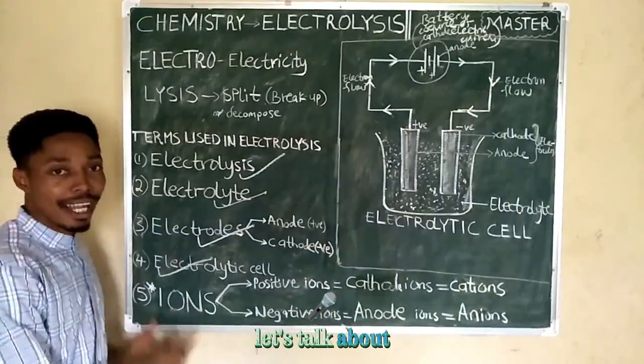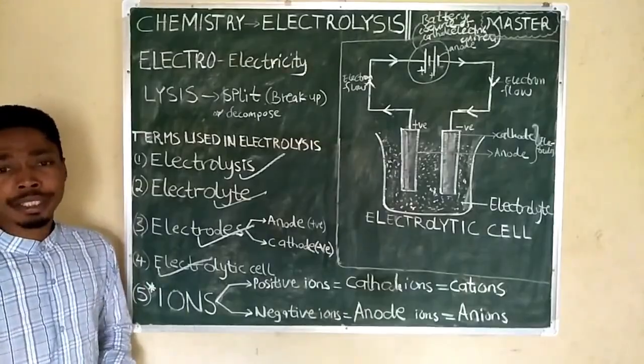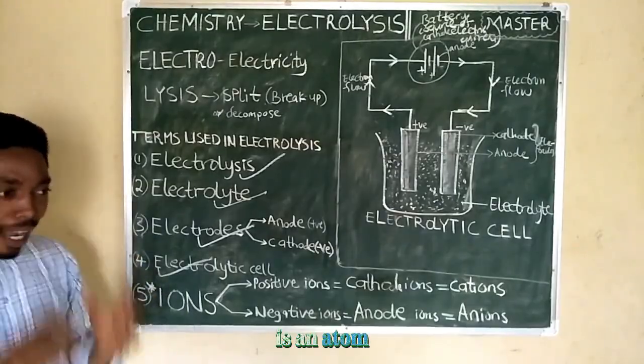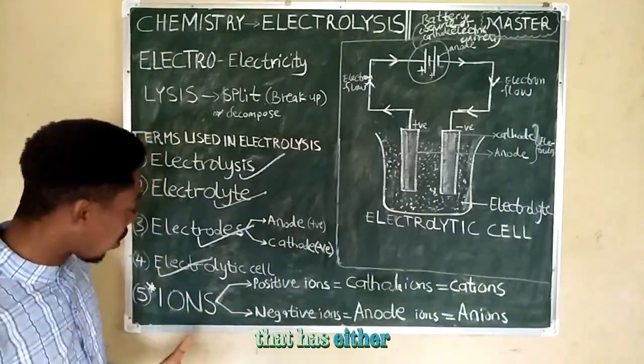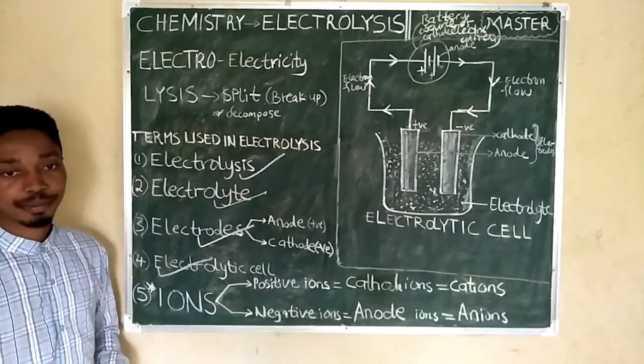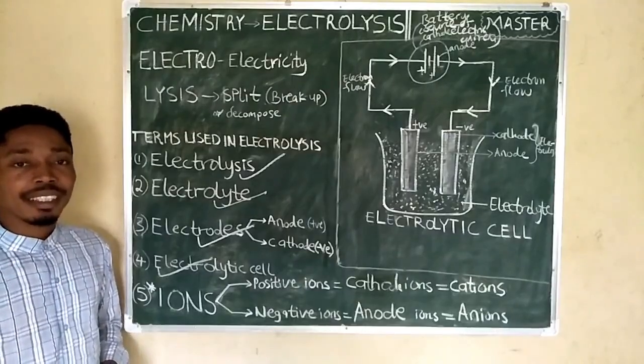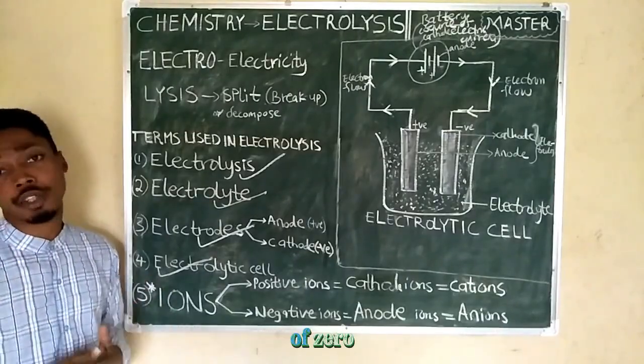Let's talk about ions. An ion is an atom that has either lost electron or gained electron. Remember, when an atom is at ground state, its charge is 0.